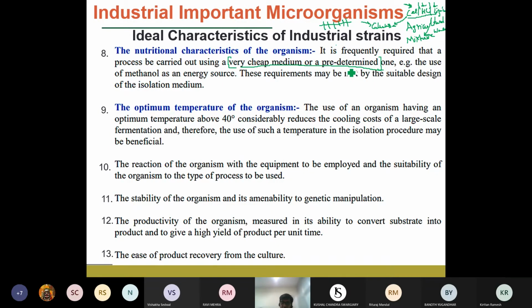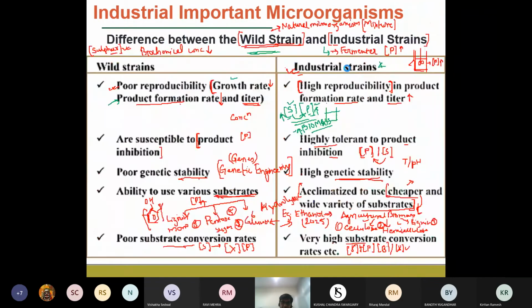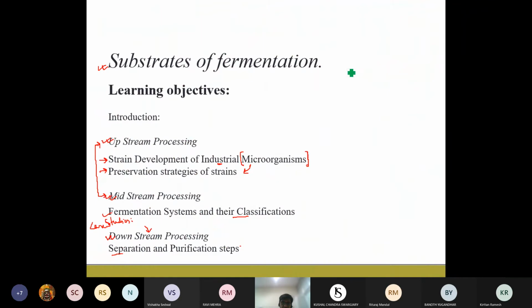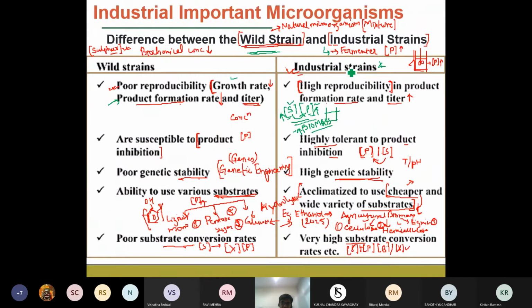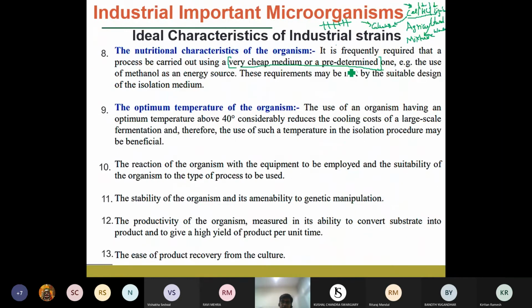As of now, most industries are working on utilizing this type of agricultural biomass for the production of ethanol, because we are going to use ethanol as a biofuel. We know there are major issues in the management of agricultural waste.